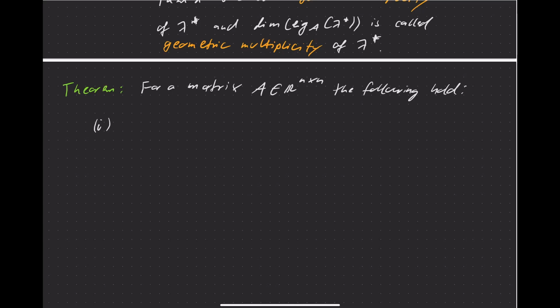So the algebraic multiplicity is an upper bound on the number of linearly independent eigenvectors for that eigenvalue.